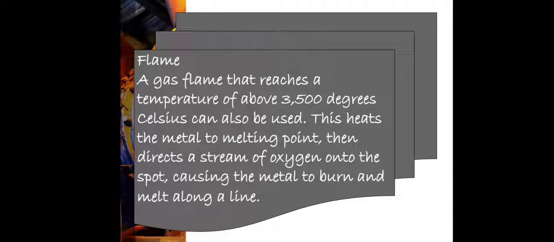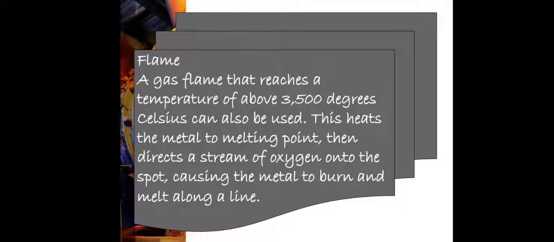If you think about how high the temperature is that is being used just to cut the metal, it uses at least above 3,500 degrees Celsius. And this heats the metal to melting point.